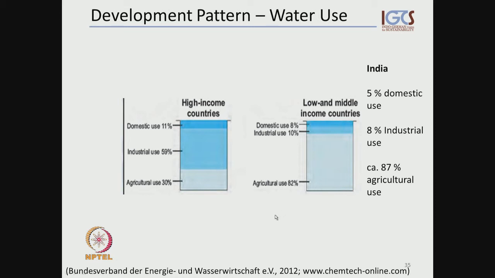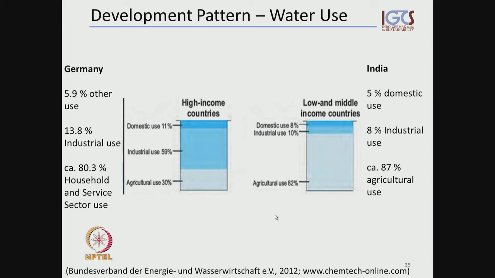And the other extreme, Germany, where about 80% of water use is concentrated in services, about 13 or 14% in industries, and about 6% in other uses. And other uses would be agriculture, for instance.